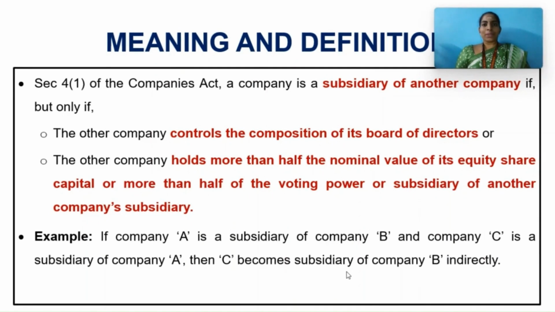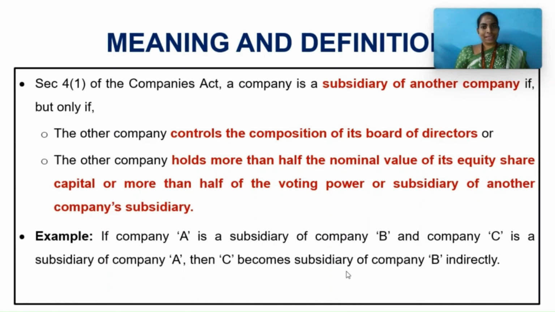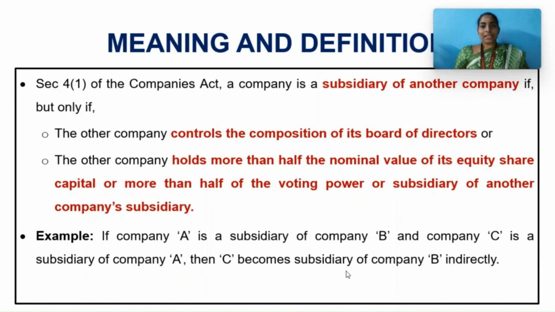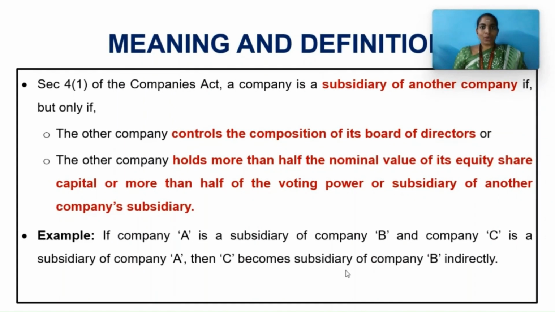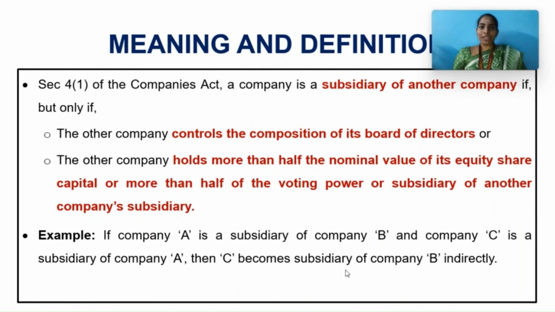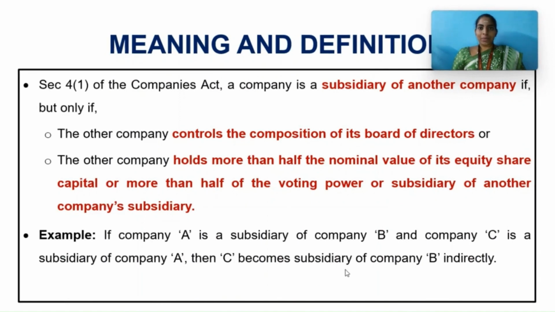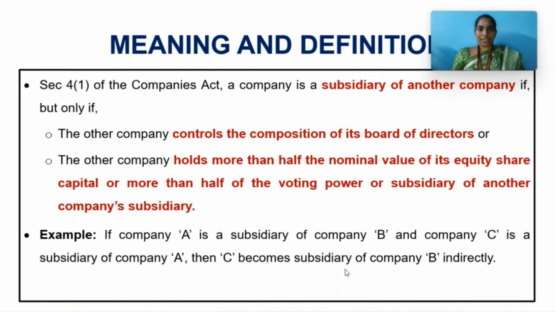So we have an example here. Suppose we have three companies A, B and C. A is held by B and C is held by A. Here A is directly holding C, whereas B is holding C indirectly, as A company is a subsidiary of B. So let me repeat it once again.